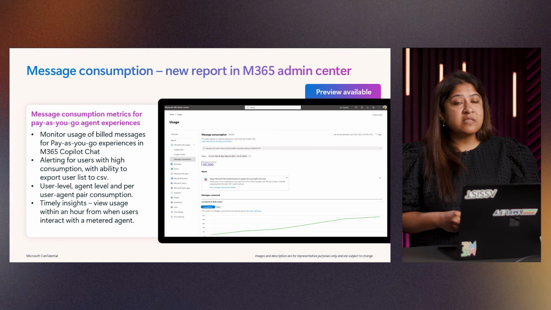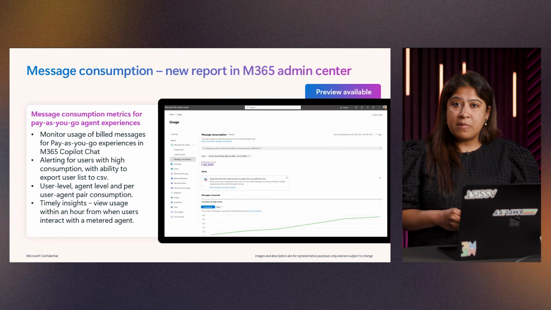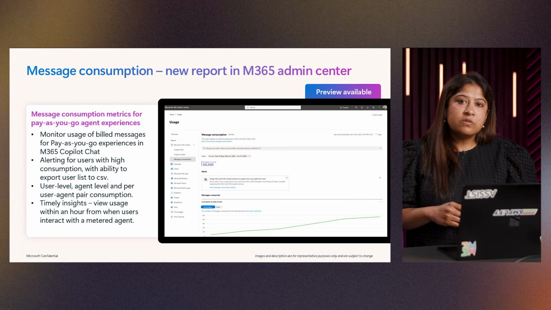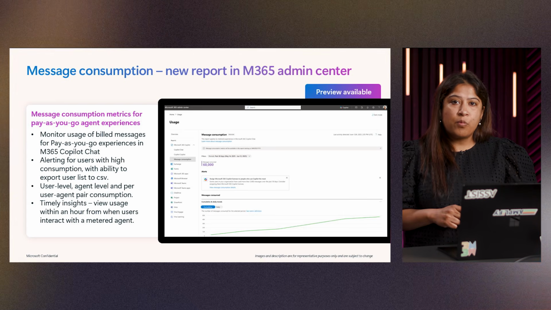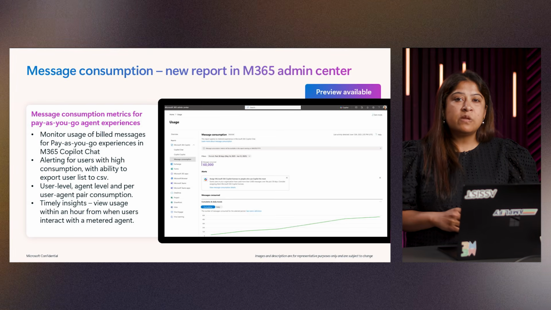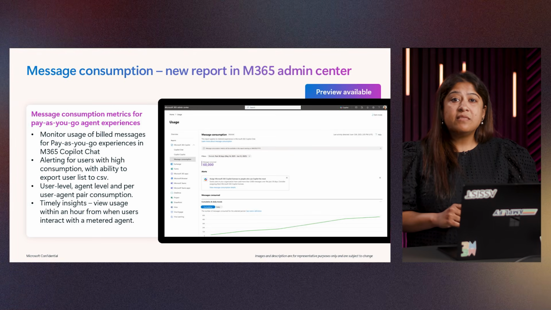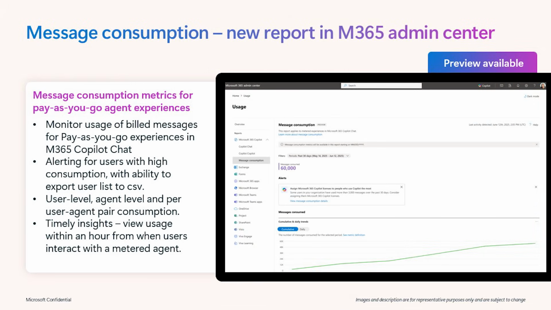If there are users that have exceeded 2,000 billed messages in the past 30 days, which is about $20 value of the M365 Copilot license, admin will see an alert card with a link to the user details section in the report. They can export and share with admins, and they can take the decision to assign Copilot licenses for high users.